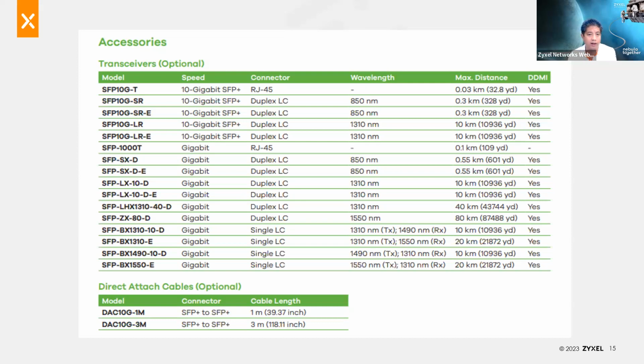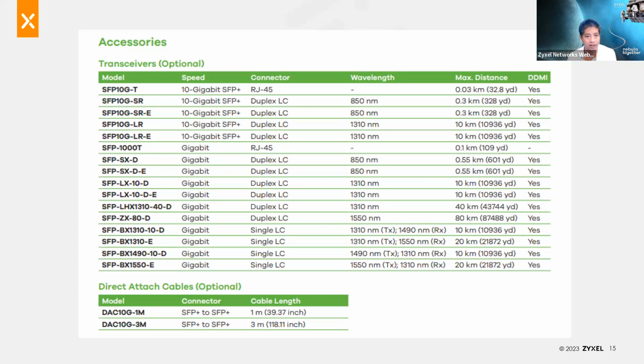Because we don't have as much stock as we do of the single models, we want to make sure we have those in place from a forecasting perspective, and have them in stock for you if that's the one you're going to transition to. So again, communicate with your sales rep on that.